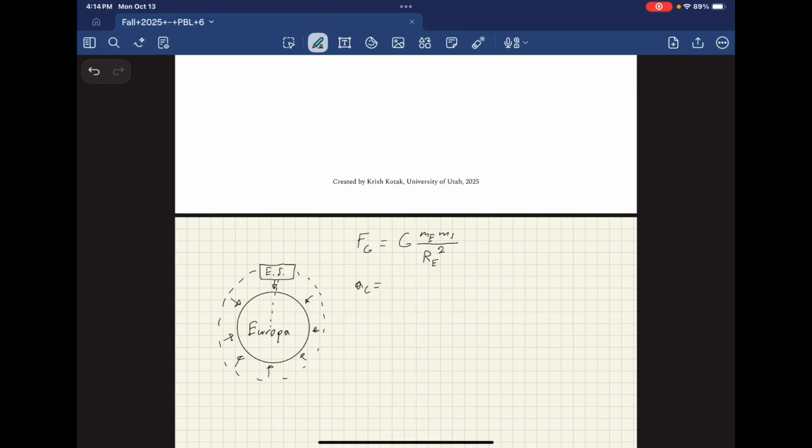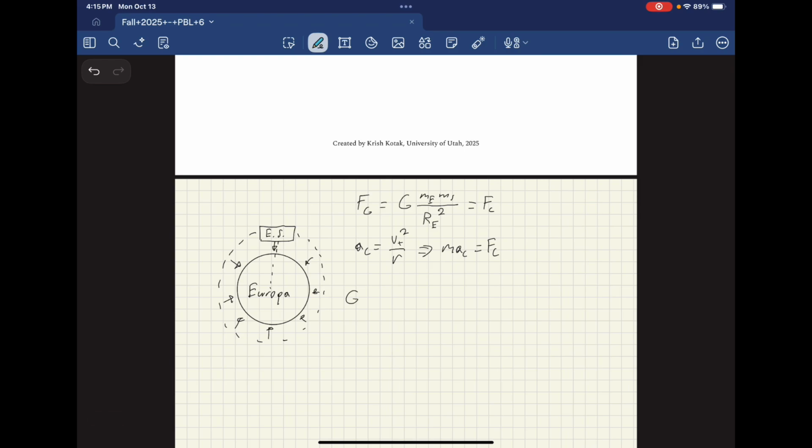So if we write centripetal acceleration, we know that it is tangential velocity, which is what we're looking for, divided by radius. And then this, so mass times centripetal acceleration, is the centripetal force, which we can say is equal to the gravitational force, since it's the only force acting on the object and it's acting centripetally.